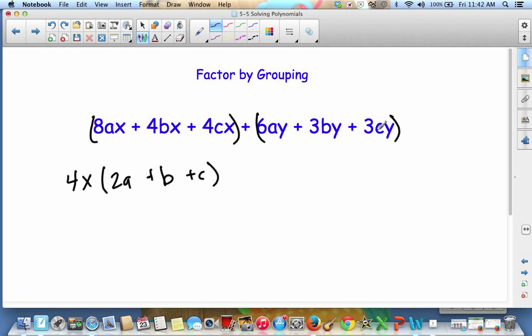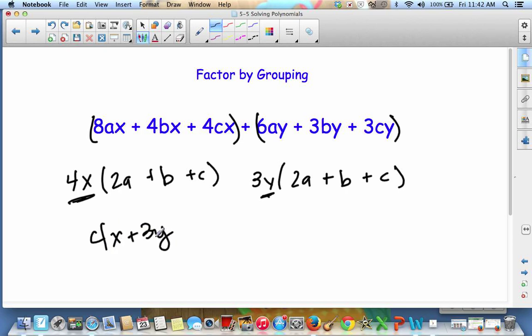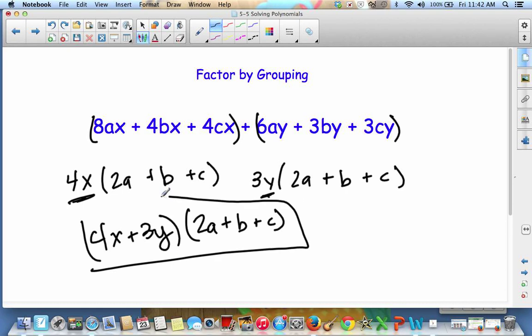Now is there something I can factor out from these three terms to end up with 2a plus b plus c? Yeah, I could factor out a 3y. And so remember with grouping, we put these two terms that are on the outside together, and then whatever we're left with, we just write it once because we're factoring that out. And so that would be our answer.